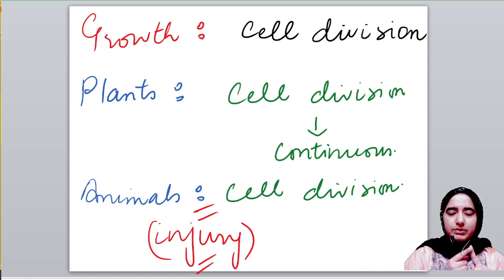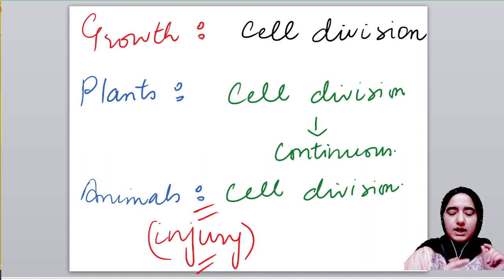In order to get the cells back, the cells around it which are totally safe, which are not destroyed, will divide, and this place will be filled by new cells. That's why cell division takes place at the area where the injury has taken place.